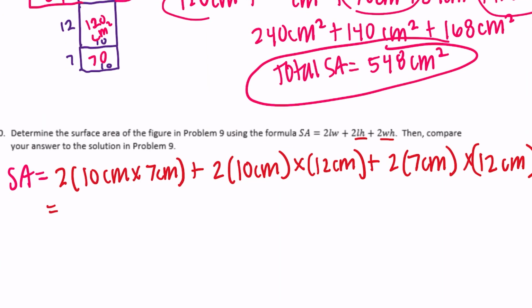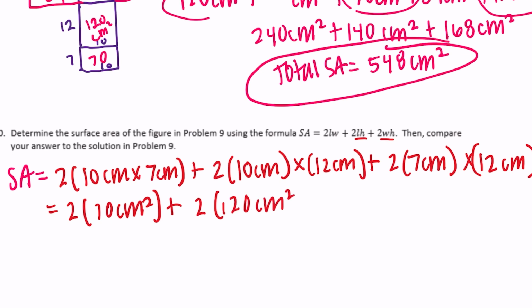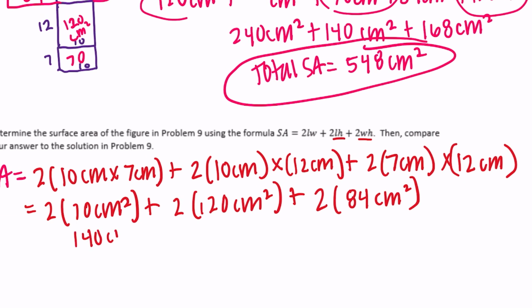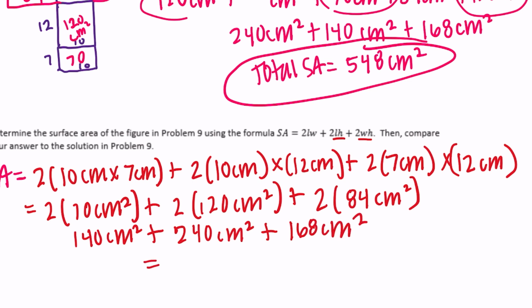So we have 2 times 70 centimeters squared plus 2 times 10 times 12, which is 120 centimeters squared, plus 2 groups of 7 times 12, which was 84 centimeters squared. So we get 140 centimeters squared plus 240 centimeters squared plus 168 centimeters squared. And when we add all those together, we've already done it, it is 548 centimeters squared.